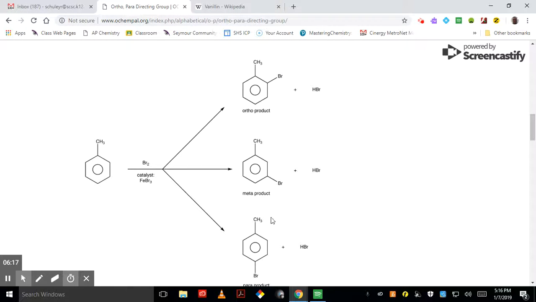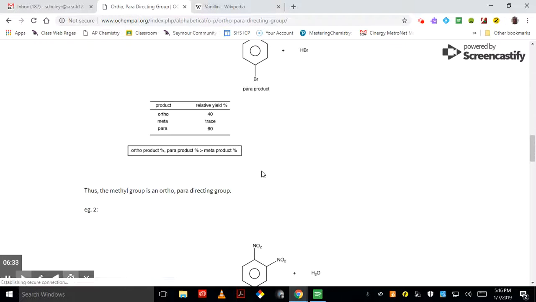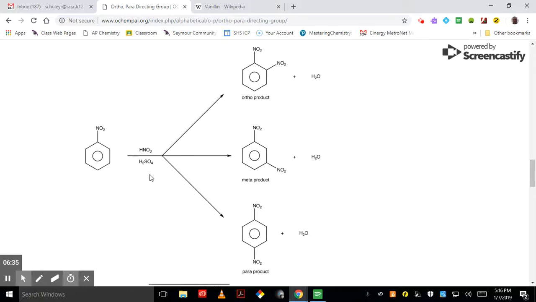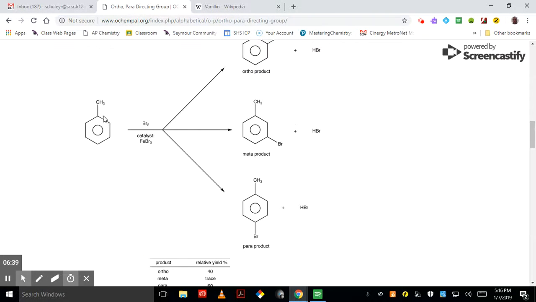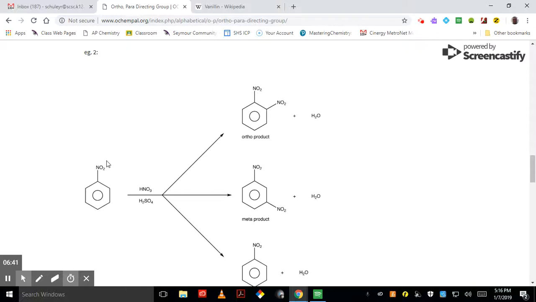It turns out that if we look at all the resonance structures of these compounds, these two things are very similar. So if something's an ortho director, it's usually a para director. So we call those ortho-para directors, and generally you're going to get 2 products. If something's a meta director, for example, if we have a nitro group on the ring, notice this time it was a CH3 group, this time it's an NO2 group.